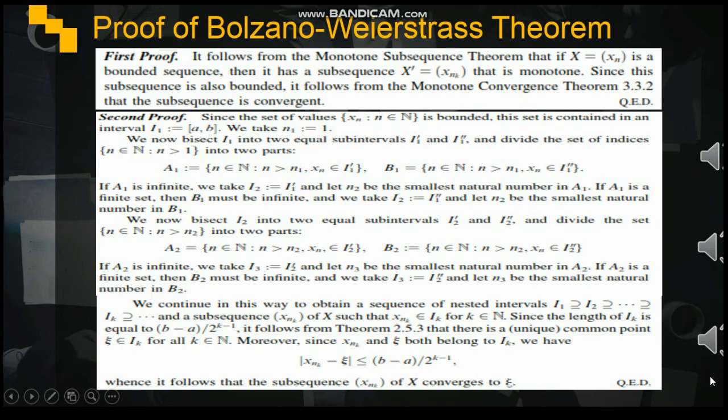If A2 is infinite, we take I3 defined as I2' and let n3 be the smallest natural number in A2. If A2 is a finite set, then B2 must be infinite, and we take I3 defined as I2'' and let n3 be the smallest natural number in B2.